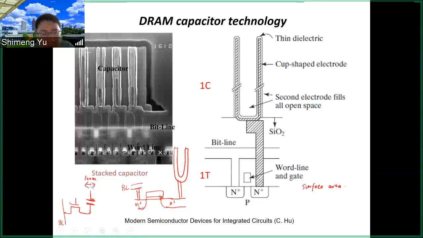In order for us to have a large capacitance, we have to make it U-shaped. So you still occupy 10 nanometer lateral space, but now the surface area is much larger than 10 nanometer by 10 nanometer. Here we can define this D, and then we can define the height.